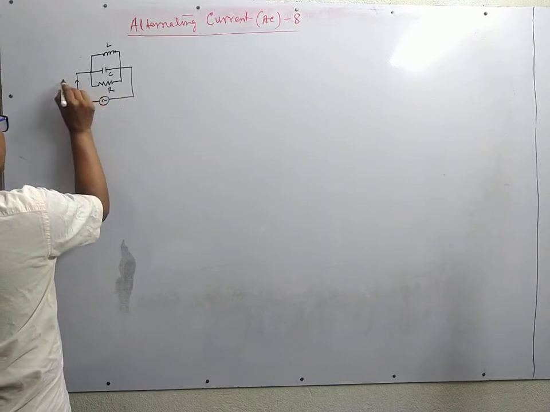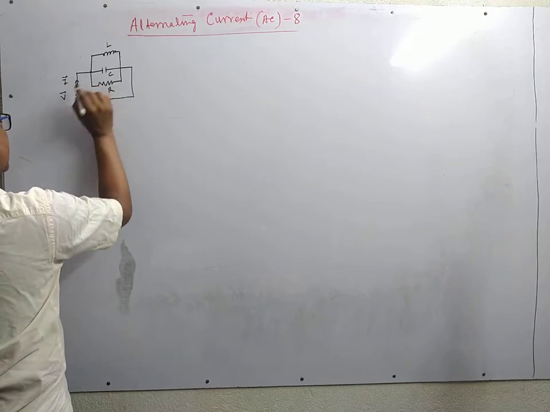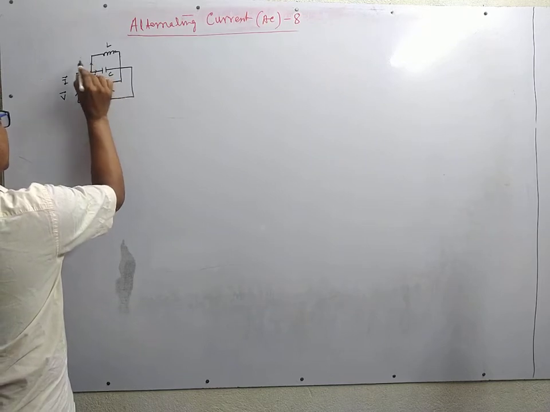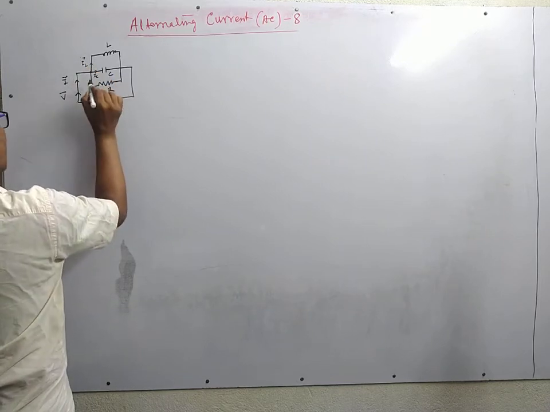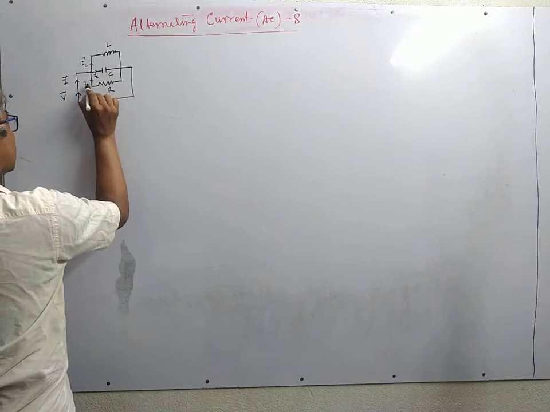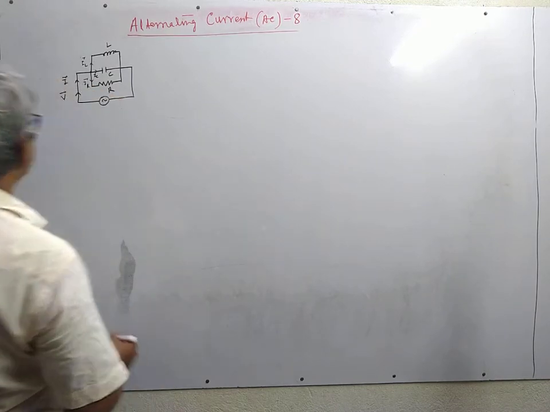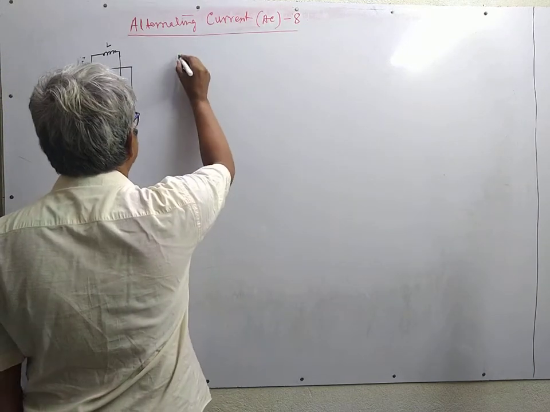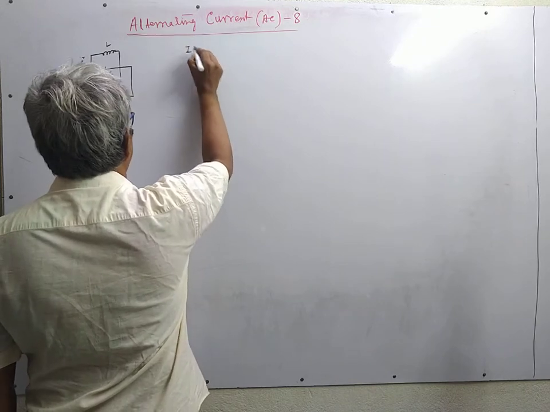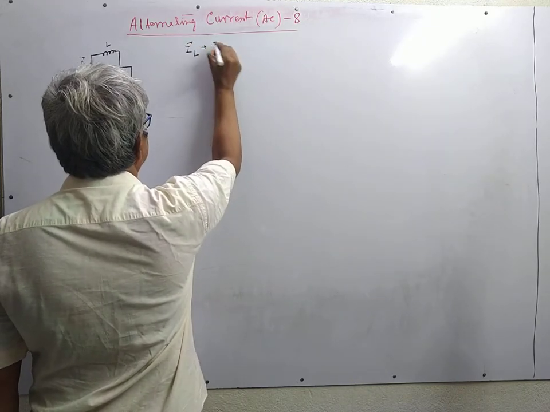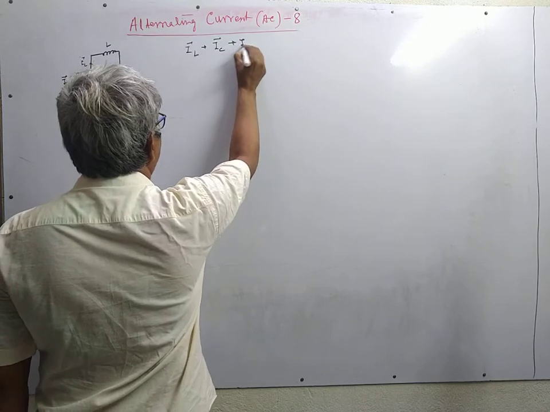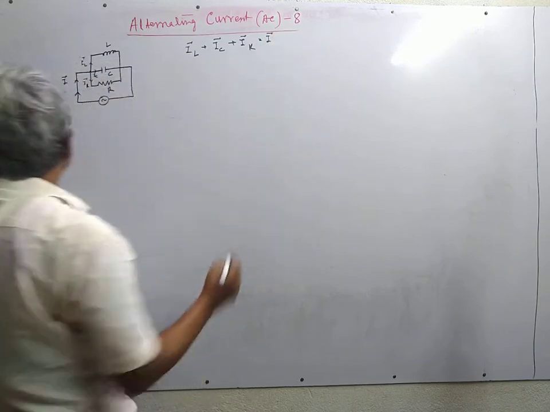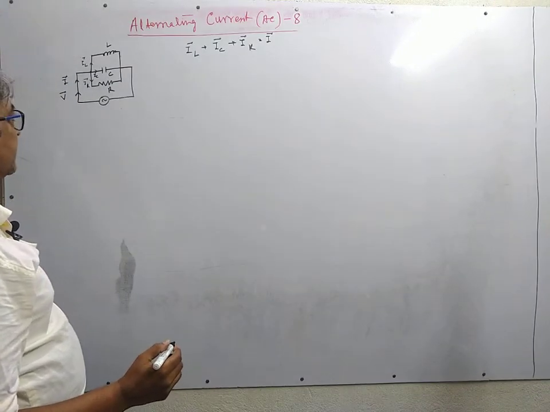If I is the current phasor at a particular instant, then the current is divided into three parts: I_C phasor, I_L phasor, and I_R phasor. So Kirchhoff's law in phasor form is I_L plus I_C plus I_R is equal to the total current phasor I. So this current is divided into three components.